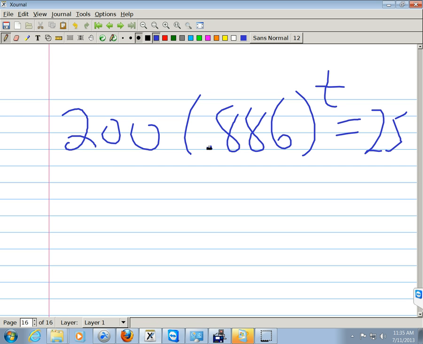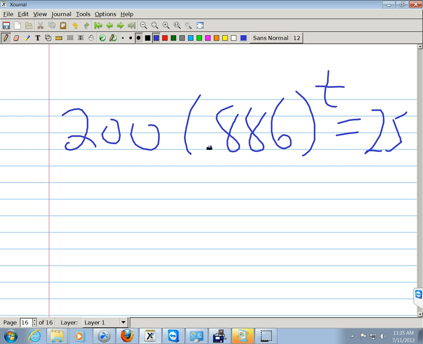Set 25 equal to y1 or y2, doesn't matter, and set 200 times 0.886 to the x equal to the other y, and see where they intersect. We did that because we didn't know how to do this algebraically, because we didn't know how to get that t out of there, since we didn't know about logs.